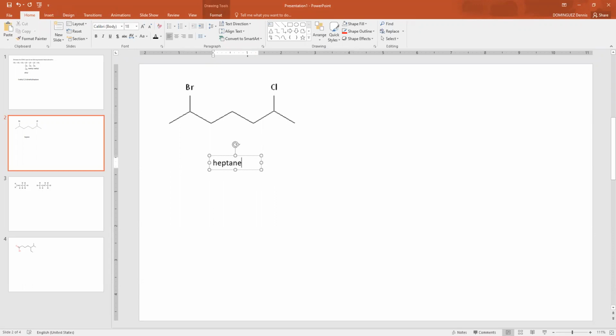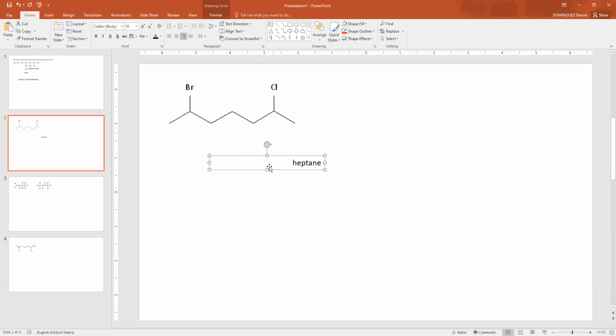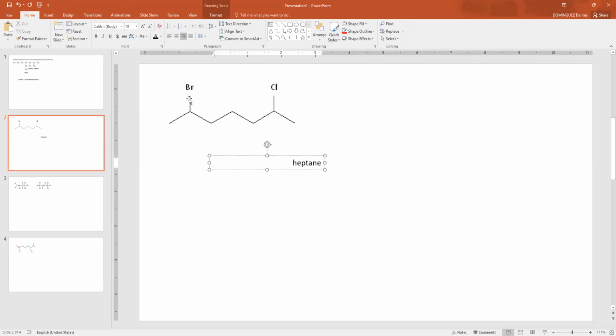That is heptane. Now, after knowing the mother compound, we have other attachments. Earlier it was methyl groups, and this one has halogens. We have a bromine and a chlorine. Same thing, you number the position based on where the lowest number appears. The first attachment is on the second carbon.